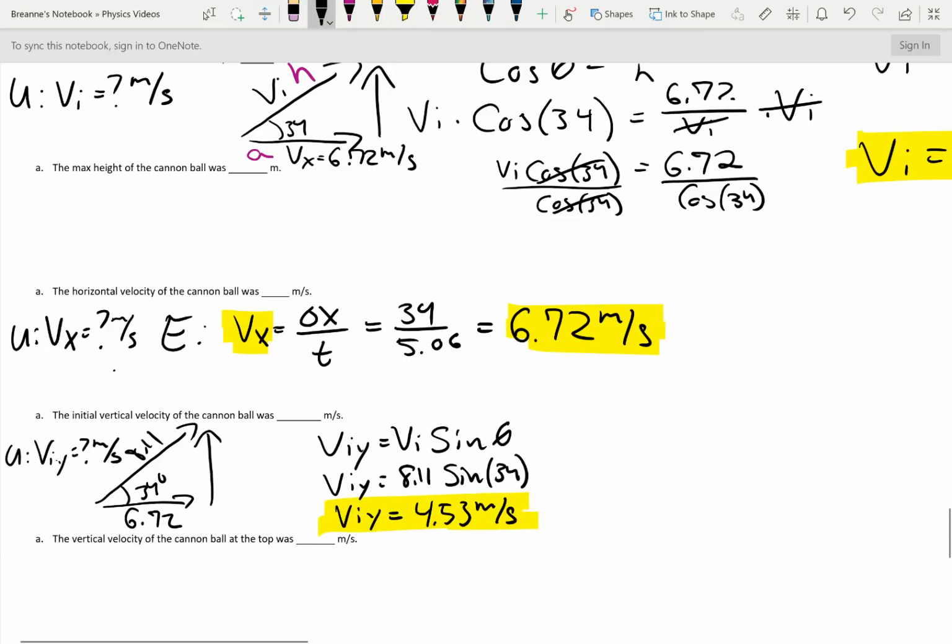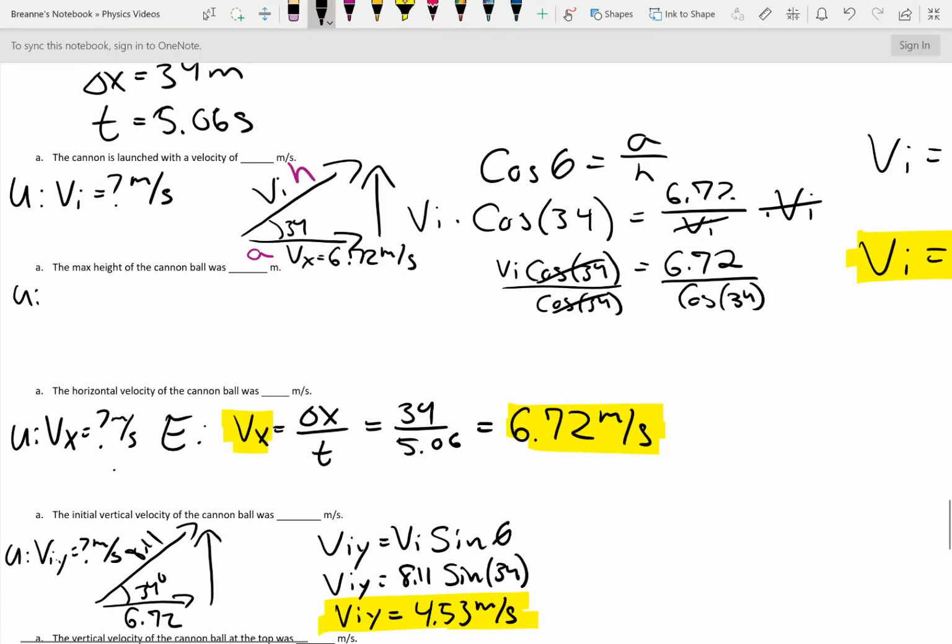Then you come up here and do your max height. So your unknown for this one is delta y. You can use delta y equals VIY t plus 1/2 a t squared. You plug in what you got.